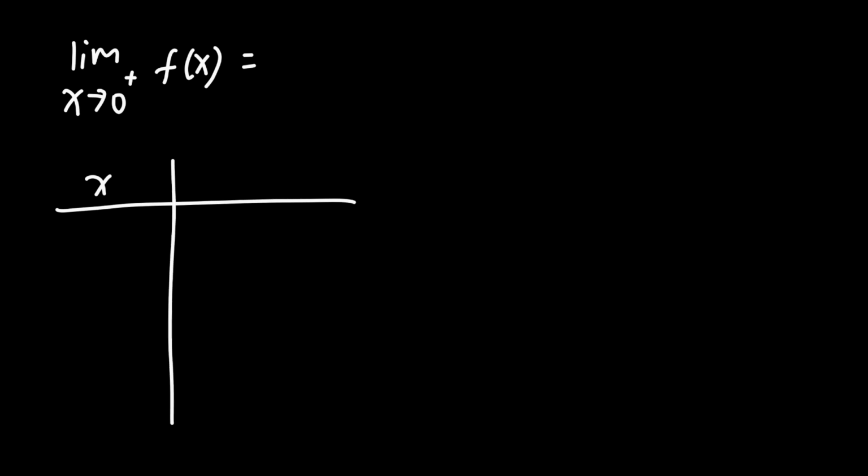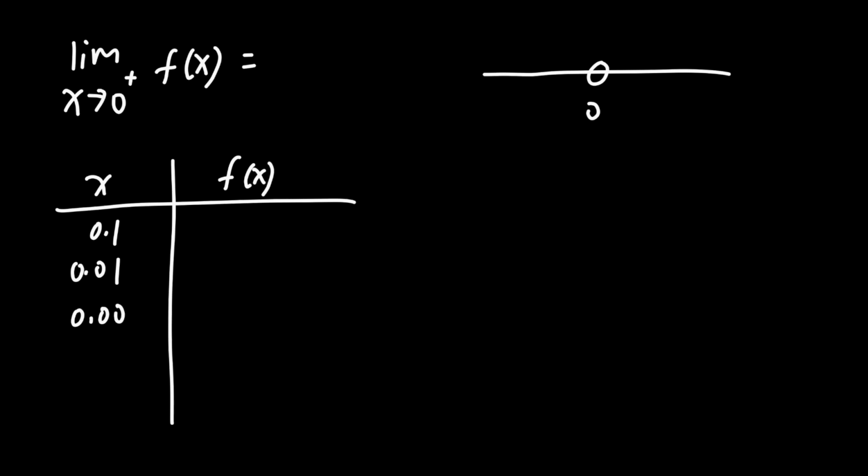For the right-hand limit, as x approaches 0, we put this plus sign here, on this function. Again, use this table here. And since it starts from the right-hand side, we want to pick the numbers from the right-hand side. So it might be 0.1, 0.01, 0.001.